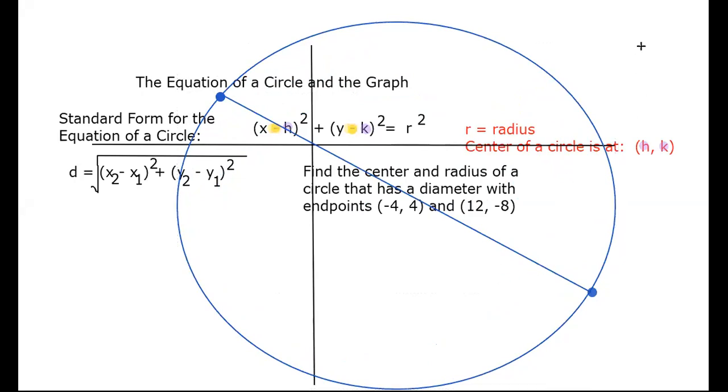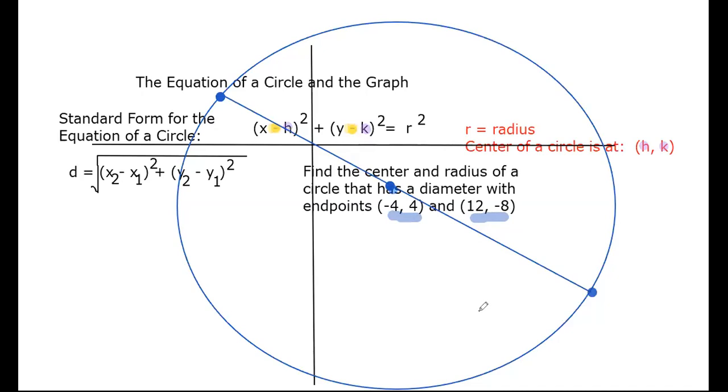There is absolutely no way to look at this and count and figure out exactly what point is at the center of the circle. It's not going to happen. You're going to have to take this segment, the diameter of which they gave you the two endpoints, -4, 4, and 12, -8, and figure out the midpoint to get your center.